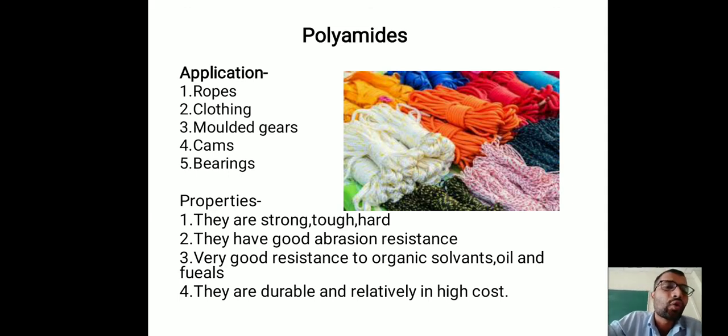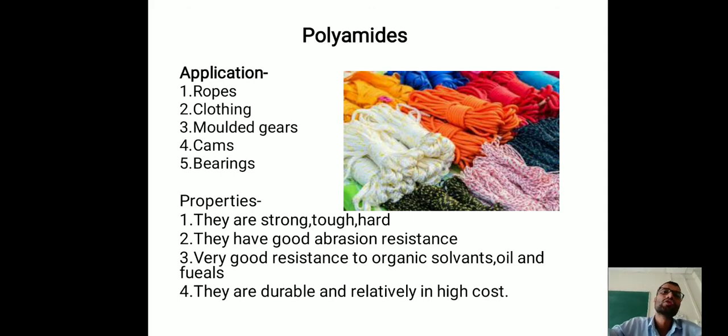Of course, ropes. Colors are different, but ropes are there. So ropes are made from this polyamide material. In many day-to-day applications, we are using rope. A variety of ropes are available in the market, made from polyamide material.